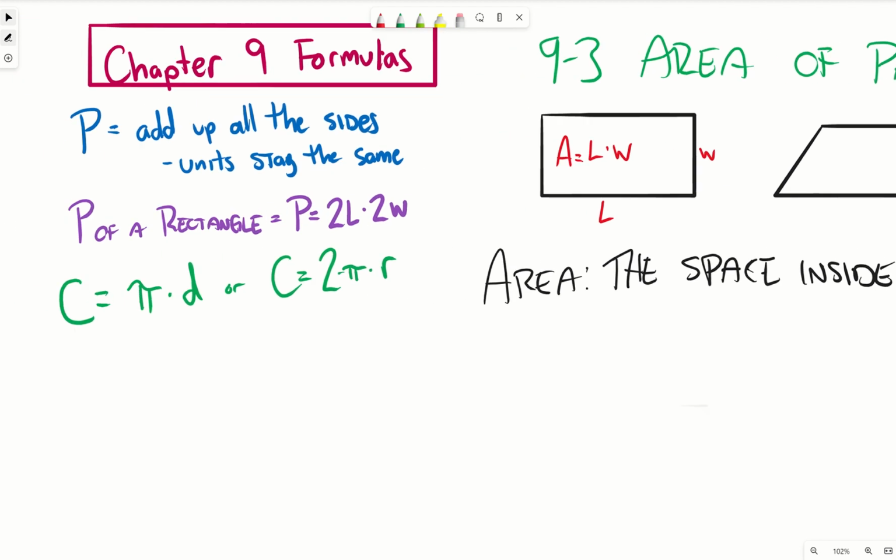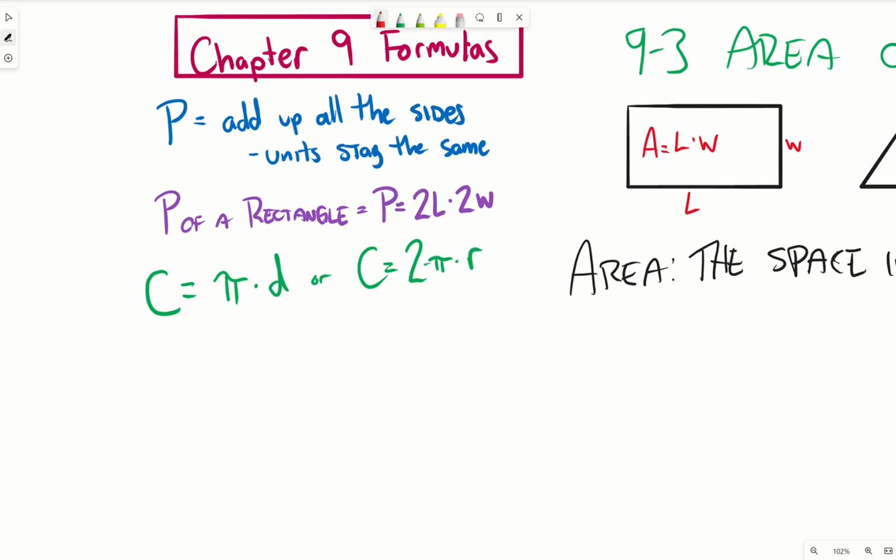Okay, so if we go to our formula page here that we all still have in our notebook from yesterday, area of a rectangle is length times width. And we'll talk about this in a minute, but units become units squared. Okay, so whatever the unit is, we write it as units squared.